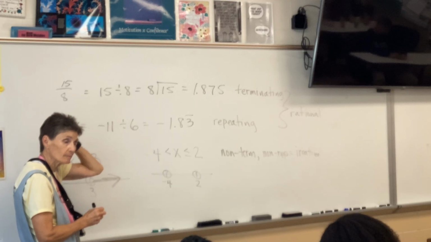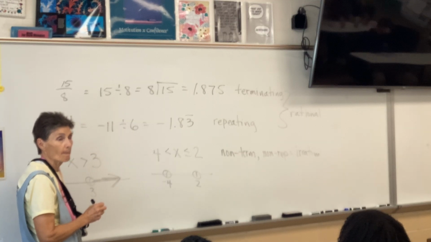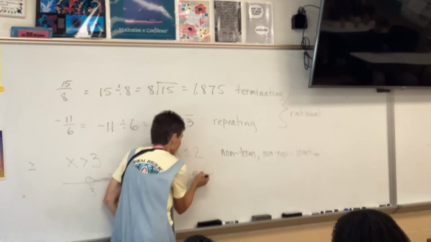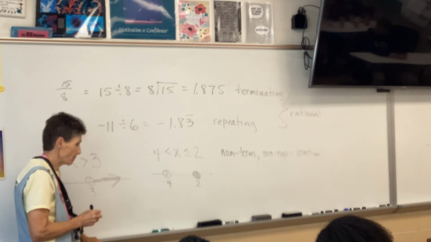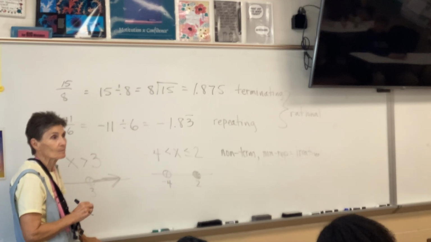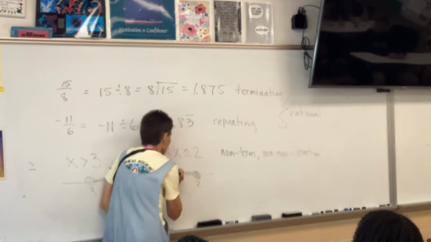And that one, I fill in the 2. Everybody good with that? Filling in the 2. And then you fill in the space between the -4 and the 2. Shade in between.